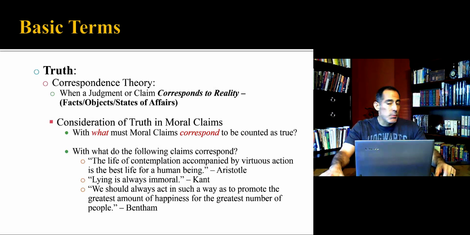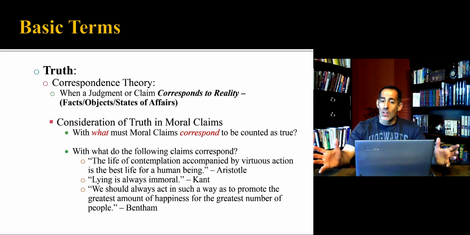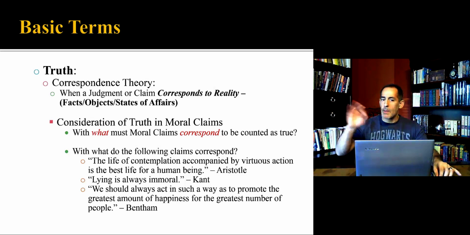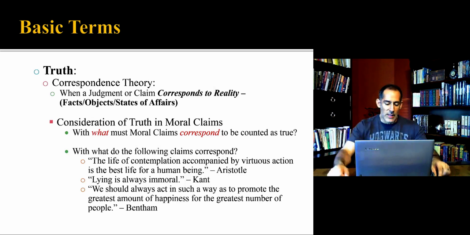And some people will say, well, moral claims do not correspond to facts at all. And if that's the case, then maybe moral claims cannot be true. Later on, we'll look at how maybe an Aristotelian philosopher might respond and say, no, there are things that moral claims correspond to. They may not be facts in a certain sense, but there are things that they can correspond to, and we'll look at that later as well.